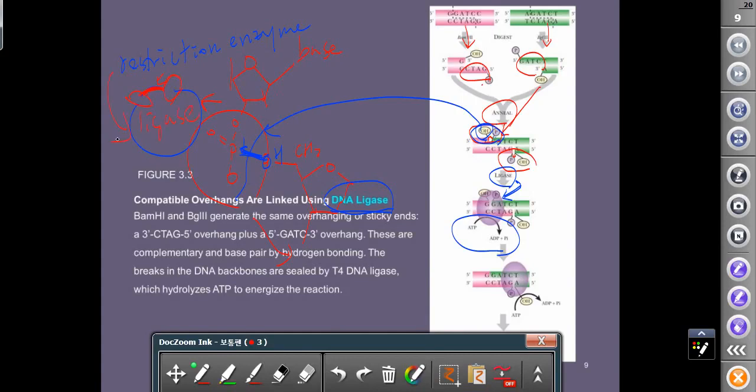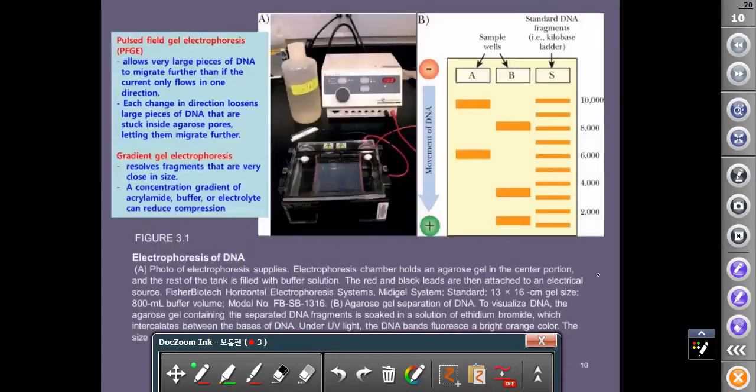Two steps, okay? So now that you have some DNA fragments after applying restriction enzymes, let's say you have this DNA pool here, and you added restriction enzymes, then you will get a bunch of DNA fragments because they did the job of cutting the DNA.